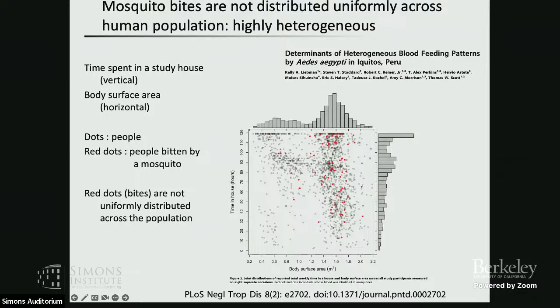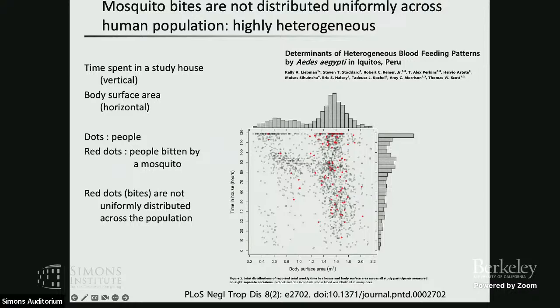This is a 2D plot of the size of the person and the amount of time that they spent in the locations of interest. Each of these dots represents a person being in a given location, and the red dots correspond to when they found a mosquito with that person's blood. So they could figure out that a given person who was in a given place got bitten by a mosquito.